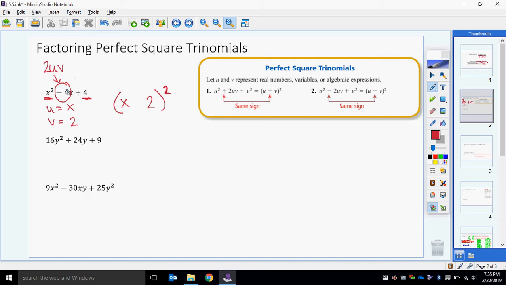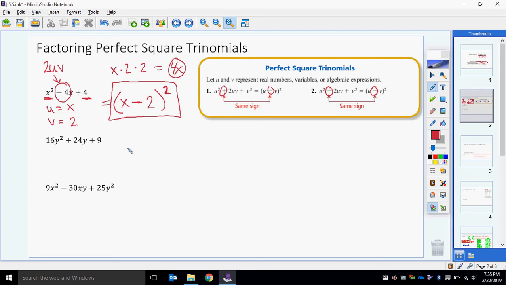So for instance here, if I took my u, x, times my v, 2, and times the number 2, what would I get? I'd get 4x. Does that match? Yes, it does. So what sign do I fill in? Well, it's always going to match our very first sign. Okay, so in this case, this first sign was a negative, so this needs to be a negative in here.